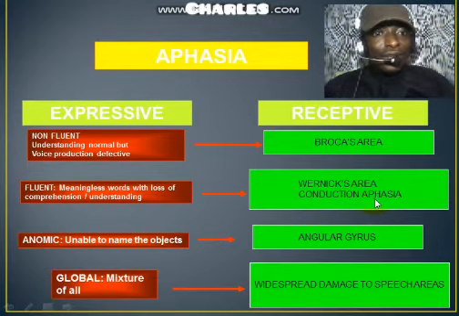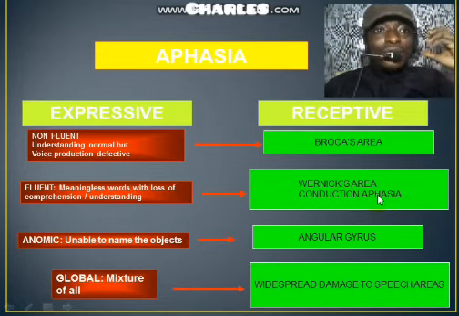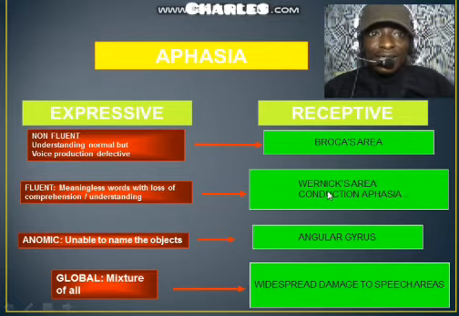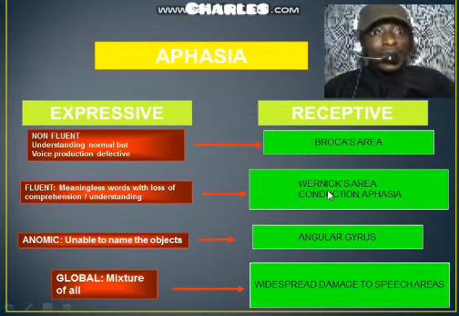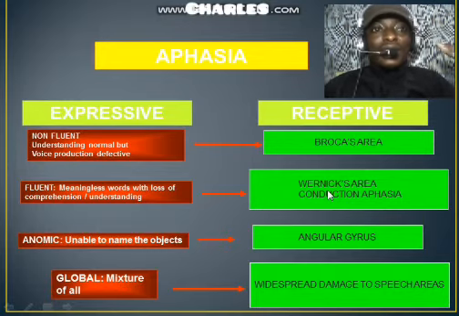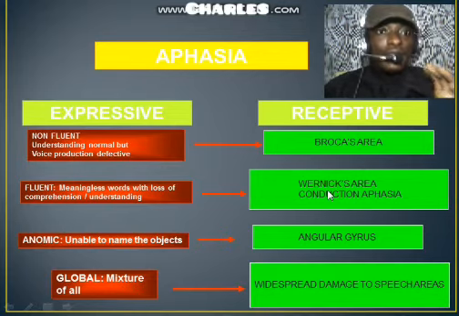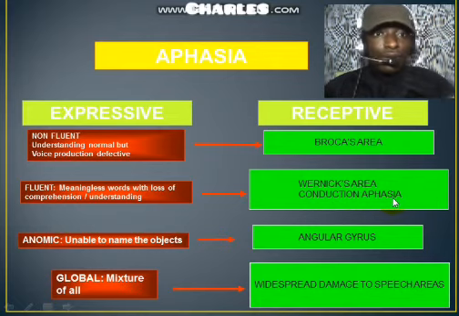That is, in conduction aphasia, auditory and visual language cannot be transferred from the angular gyrus and the Wernicke's area to the Broca's area. You remember that the arcuate fasciculus actually transfers or transmits auditory and visual language from the Wernicke's area and the angular gyrus to the Broca's area. So when the arcuate fasciculus is damaged, conduction aphasia occurs.